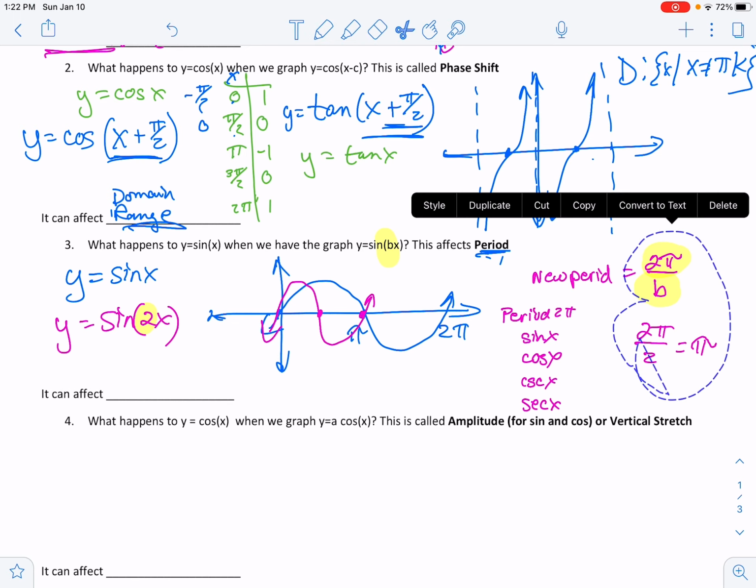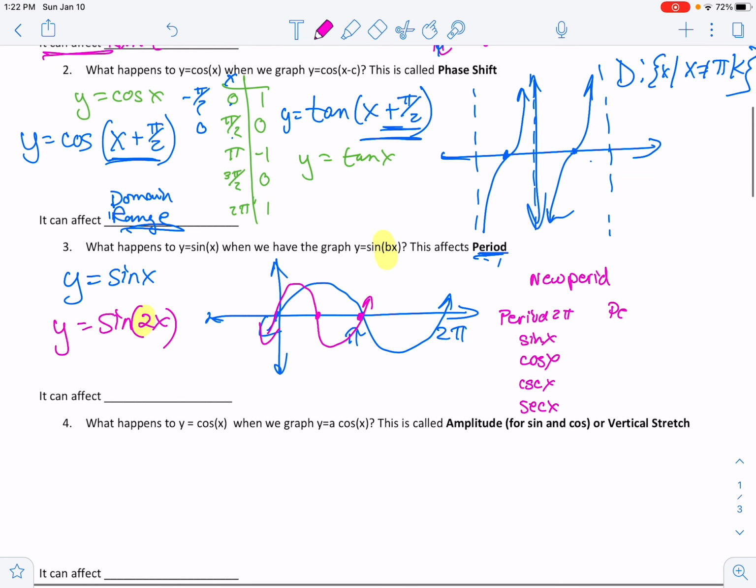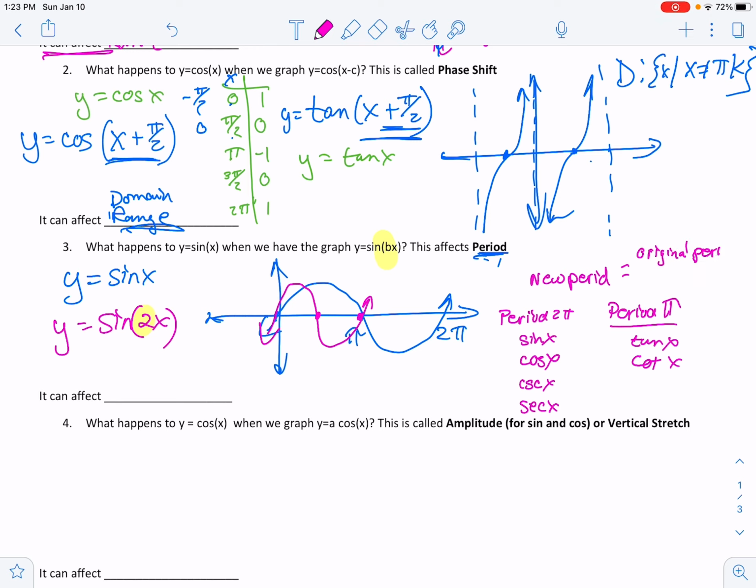And the period of pi is tangent and cotangent. So your rule that you should remember is the original period divided by b gives you the new period.